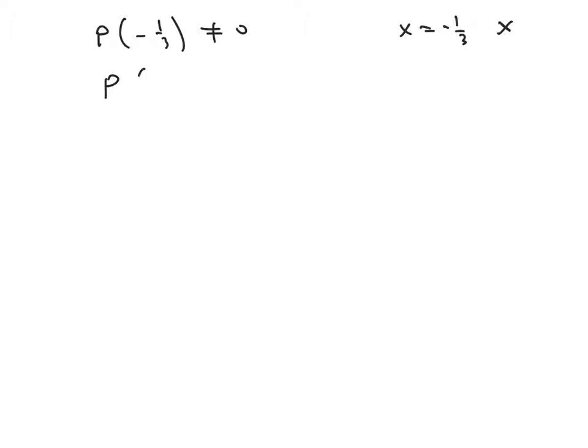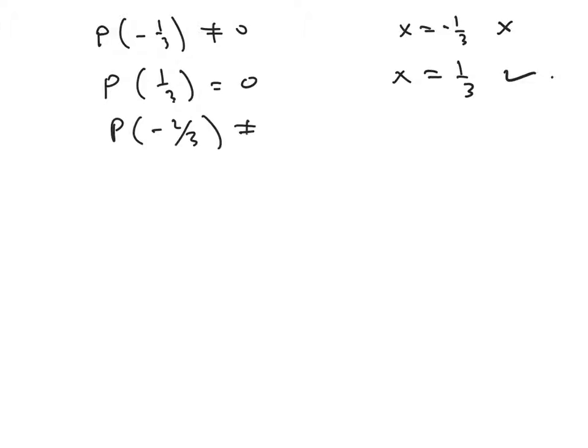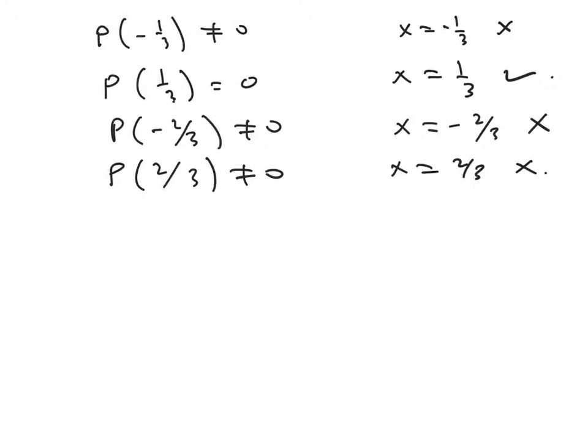Now p of 1 over 3 is equal to 0, and therefore x equal to 1 over 3 is a 0. P of negative 2 over 3 is not equal to 0, therefore negative 2 over 3 is not a 0. And then the last one, p of 2 over 3 is not equal to 0, and therefore x equal to 2 over 3 is not a 0.